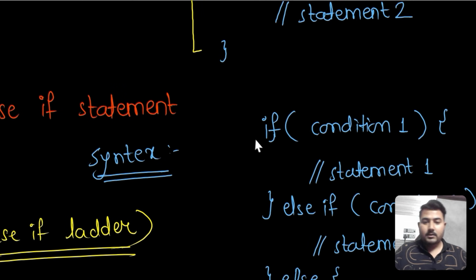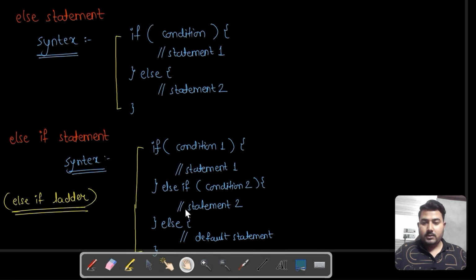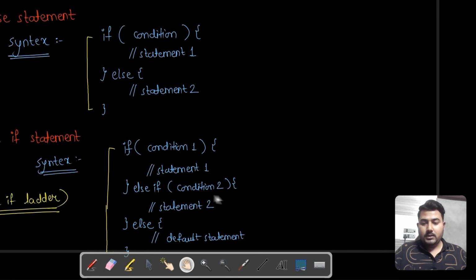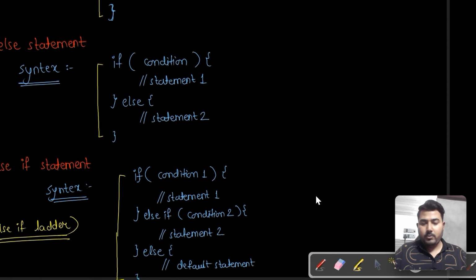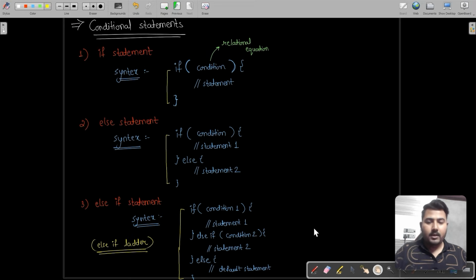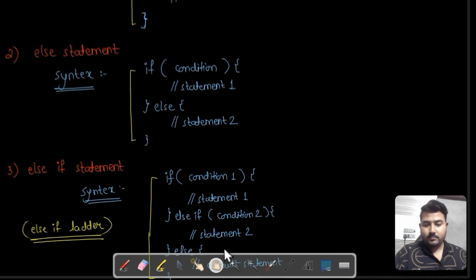In that case, this particular default statement will be getting executed. This is what the syntax of all of it looks like. You can take a screenshot or maybe pause the video and write it down according to your speed. I'll just give you 1 second from my end. All right, so I hope most of you have written it down. That is great.